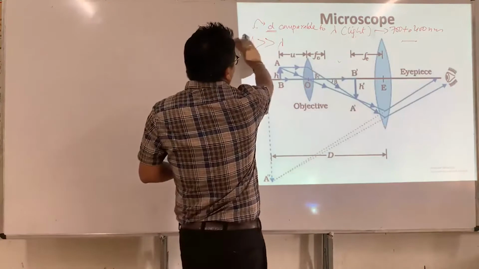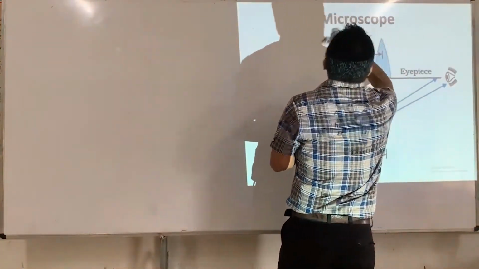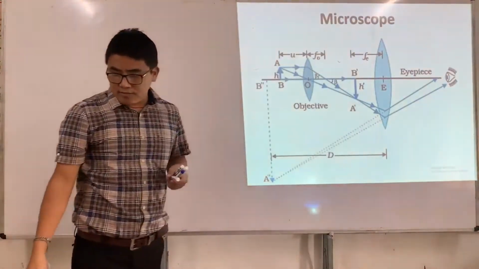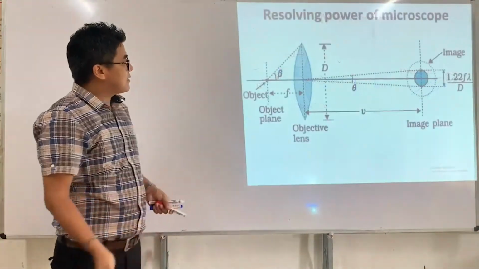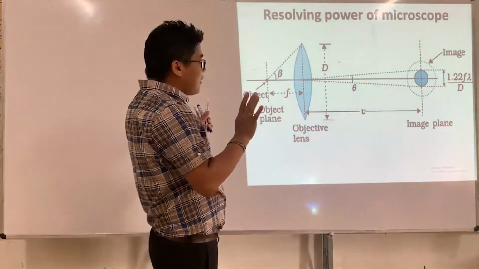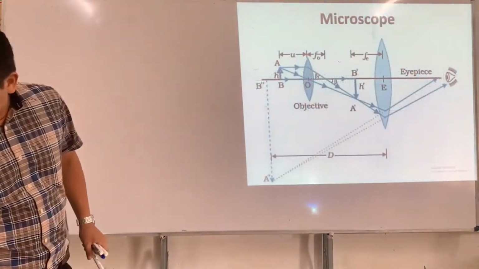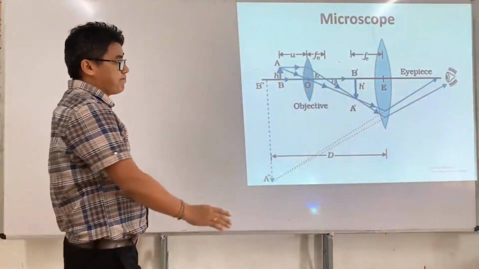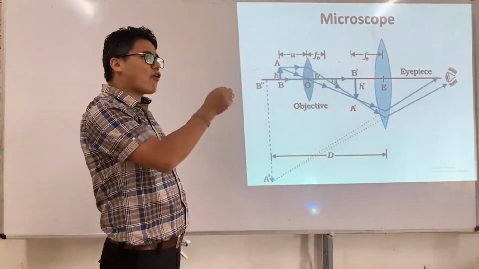With this, I'm going to start resolving power in the case of the microscope. In the case of a microscope, we keep the object very close to the focal length, just beyond the focal length.